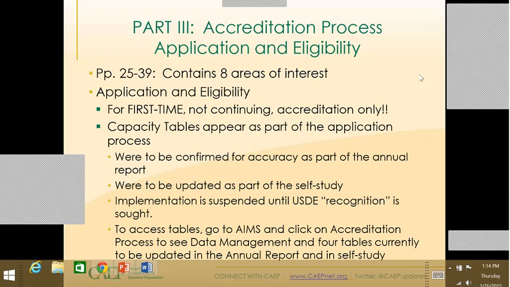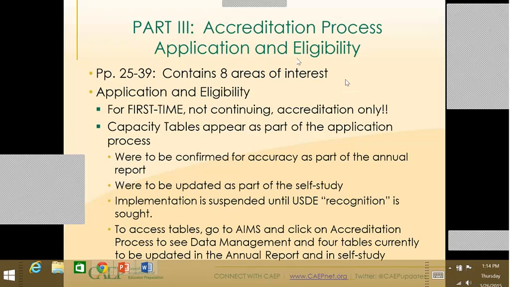They were part of NCAID standards when it came to Standard 6 under Facilities and Resources and Budgets. They were also part of CAPE Standard 5, where it asked about faculty qualifications. And as you know, neither one of those standards appear in the CAPE standards. Therefore, to comply with the United States Department of Ed, those have been moved into tables in the application process for people applying to CAPE for first-time accreditation.